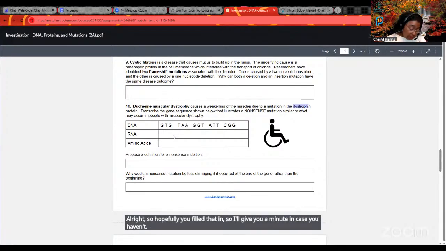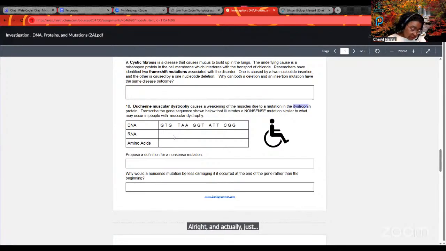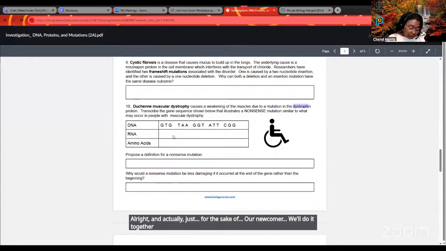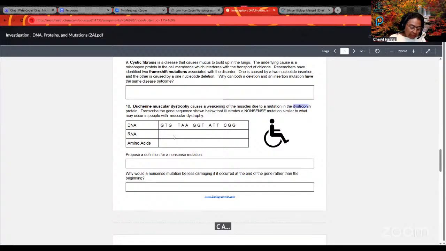All right, and actually just for the sake of our newcomer, we'll do it together. So we're going to take the GTG, and the RNA strand is going to be CAC. And the TTA. Okay, let me back up, Christopher.